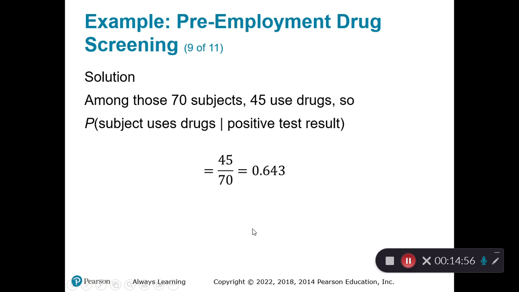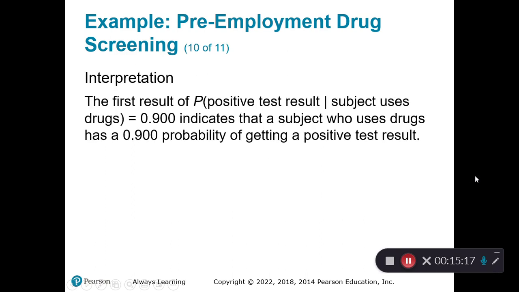We saw that was the sum of the two numbers in the first column, 45 plus 25, and here we have that 70. So of those 70 people who tested positive, how many of them actually are drug users? 45. So the answer to the second question is a probability of 0.643.